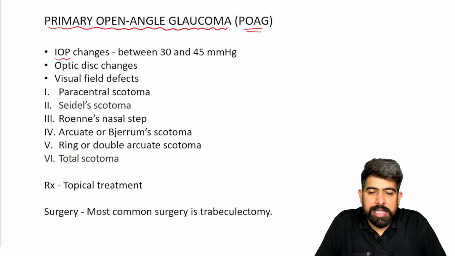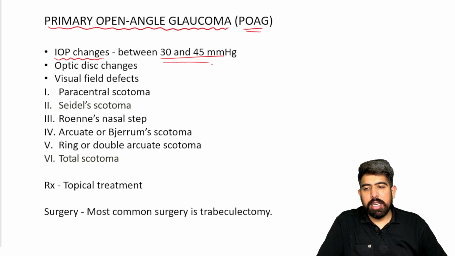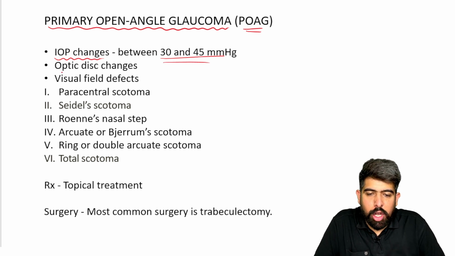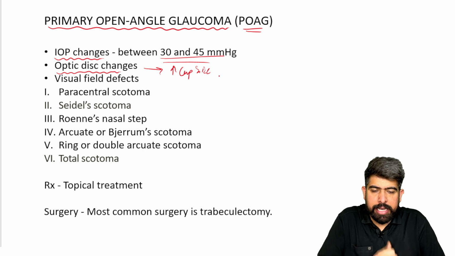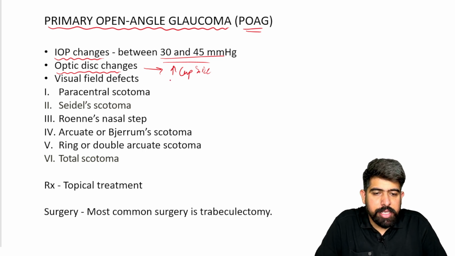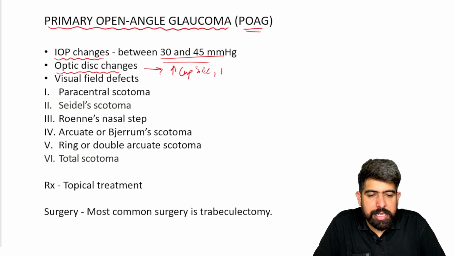The IOP changes between 30 to 45 mm Hg. Of course, optic disc changes will be seen. What are the optic disc changes? There will be an increase in the cup size, and as the cup size increases, the cup disc ratio increases.